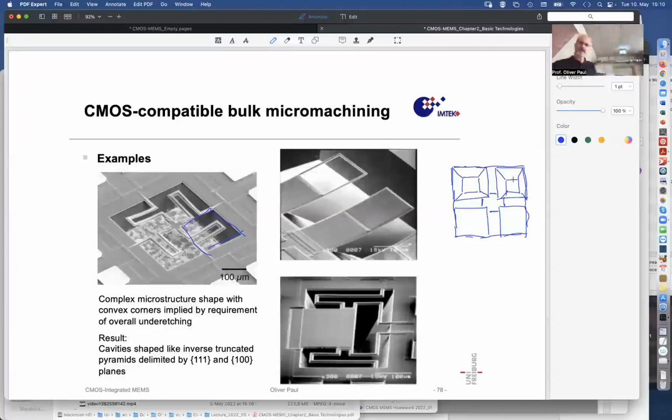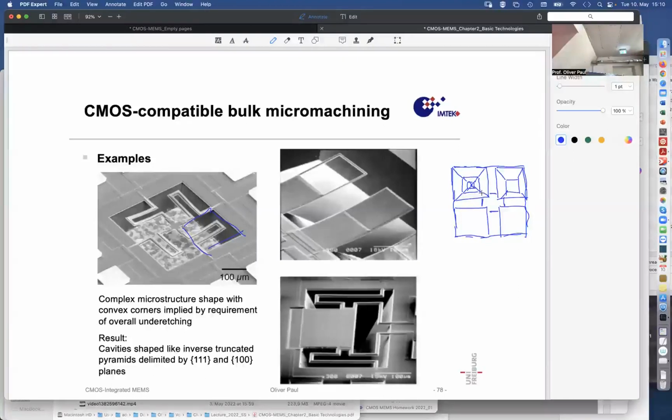So the etchant goes vertically into that silicon material, but then there are these walls that are not etched. And that means that we have these individual etch cavities, and if I waited longer, then of course that surface would recede more and more until at the end I have an inverted pyramid.